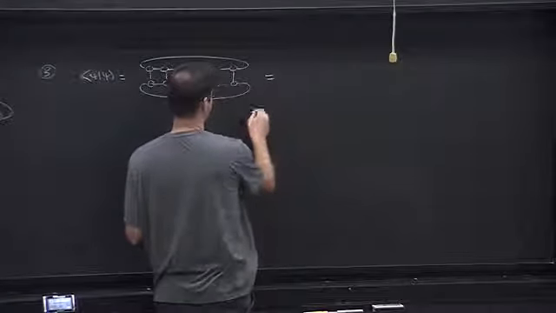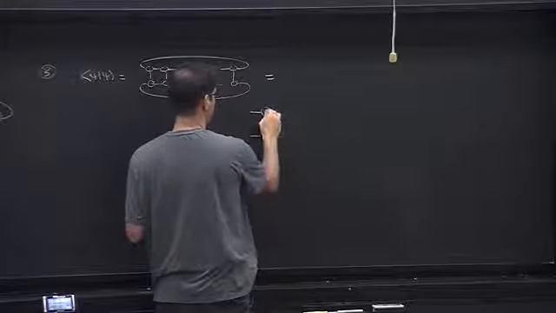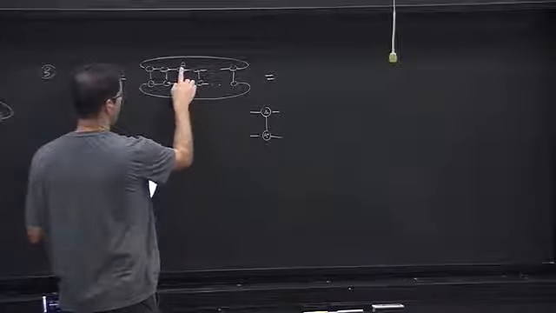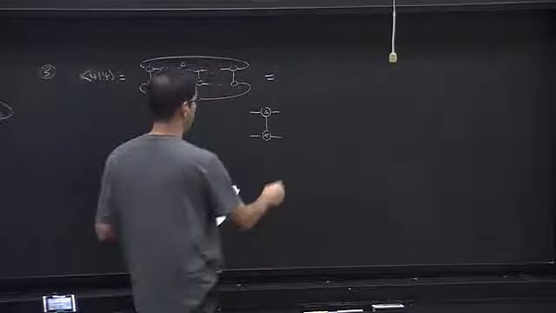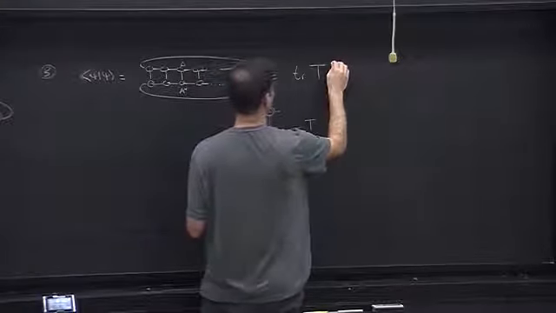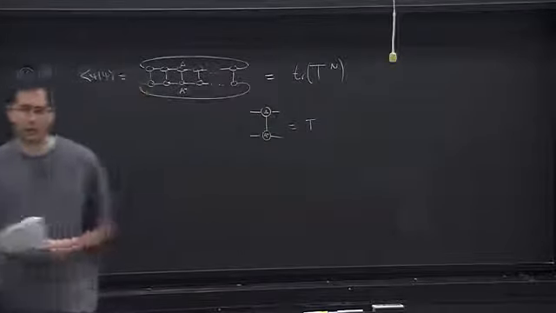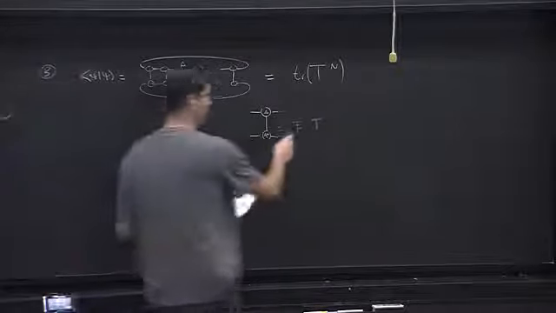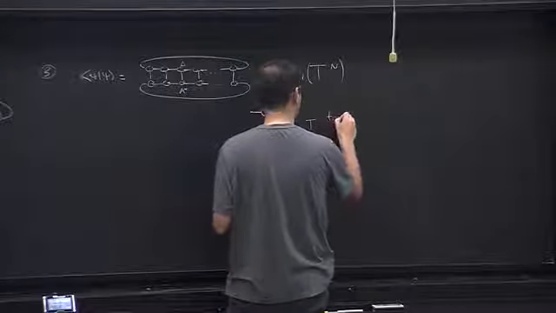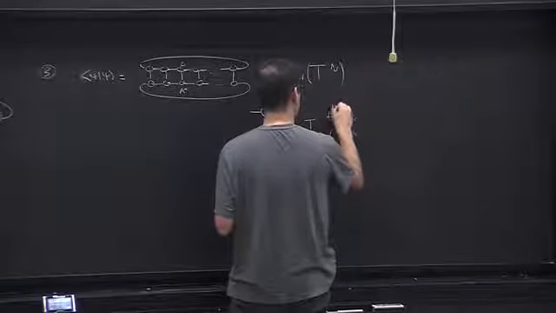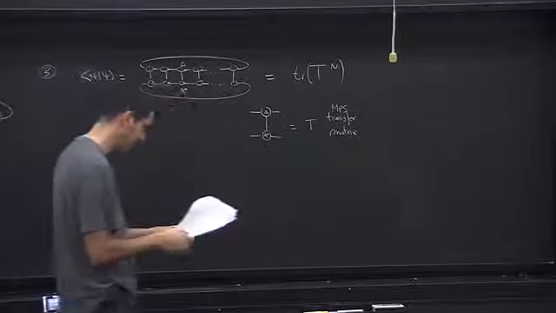Well, let's make the observation that if we define a transfer matrix, this is A star, but this A is everywhere. If I call this T, then what we have is the trace of T to the n. The norm of the state is the trace of T to the n. We'll refer to this as the MPS transfer matrix.